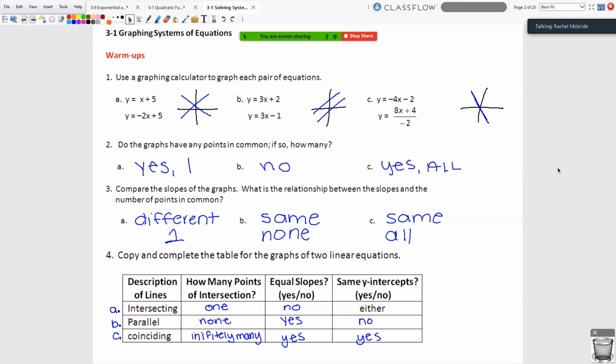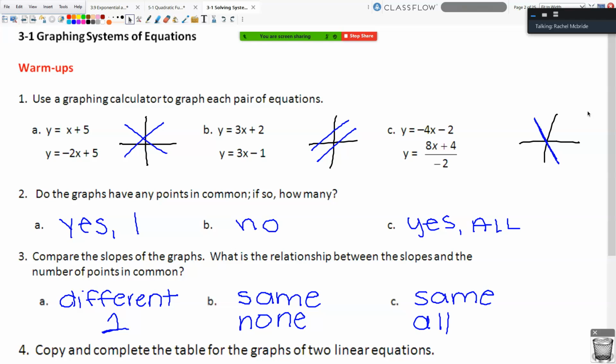So in part A, our slopes are different, so they had 1 point in common. For part B, the slopes were the same and they had no points in common. In part C, the slopes were the same and they had all points in common.